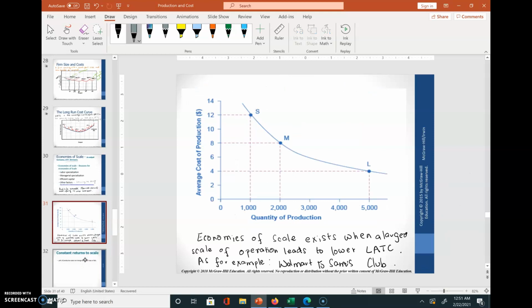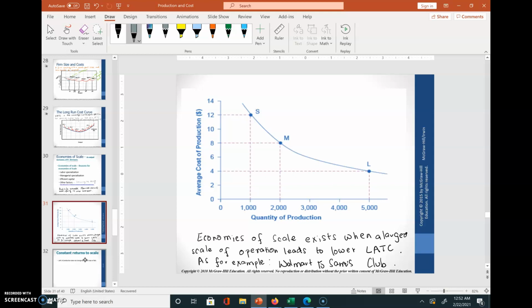All right. So economies of scale exist when a larger scale of operation leads to lower average total cost. For example, we can move from Walmart to Sam's Club. Sam's Club is huge compared to Walmart. Walmart is also big, but Sam's Club is a lot bigger in capacity.